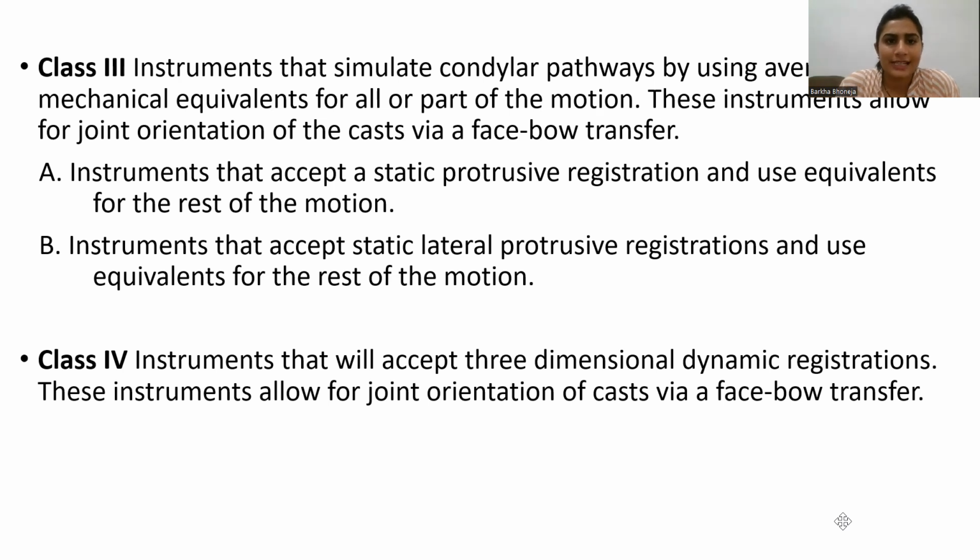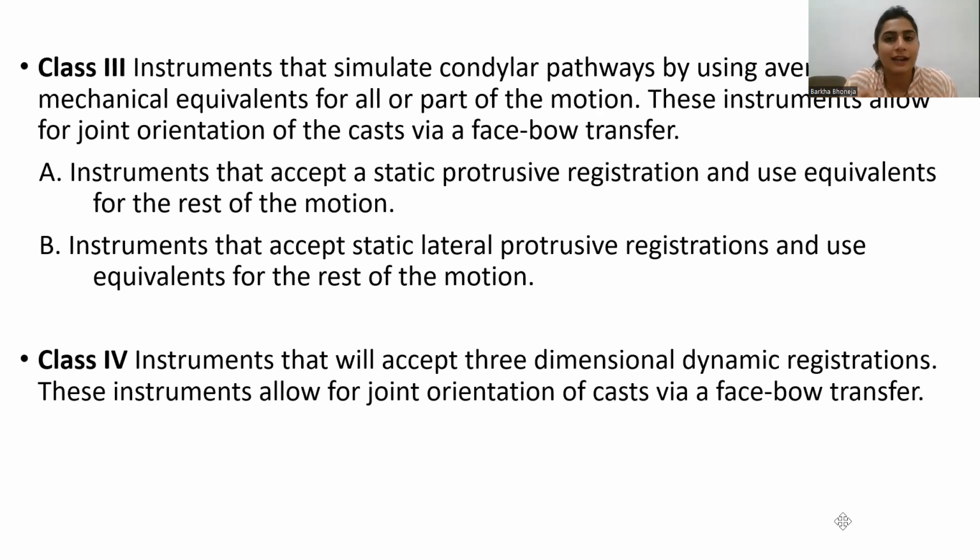Instruments that accept a static protrusive registration and use equivalents for the rest of the motion are class 3 type 1. Type 1 will take a protrusive record, so you have to ask the patient to bite in the protrusive registration in the patient's mouth.